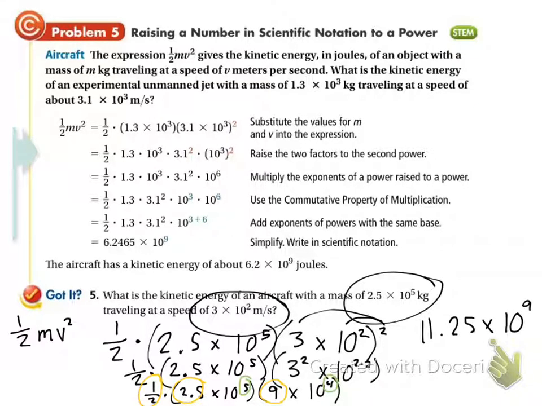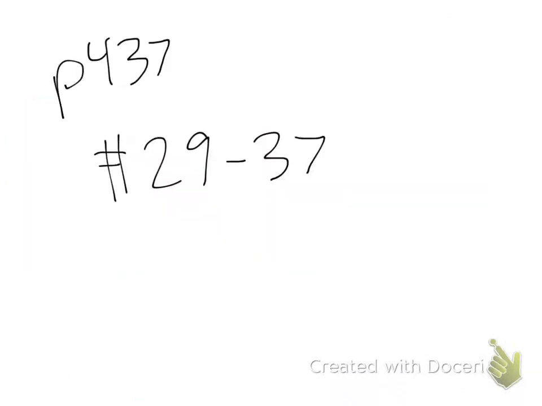I'm not quite finished because I need to move my decimal over, so I get 1.125 times 10 to the what? Let's see. We went smaller over here, so I need to go bigger over here. We just went smaller one, so this is 10 to the 10th. And there's your homework.